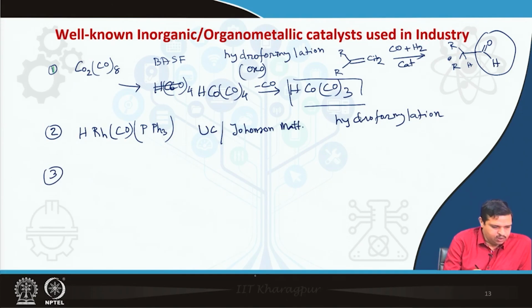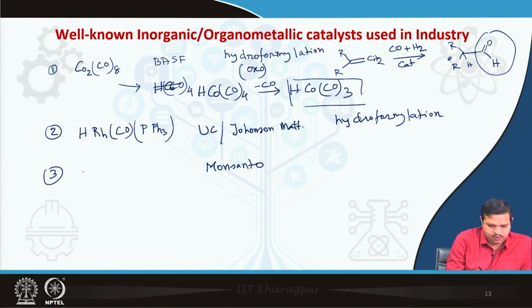Okay. So, another organometallic catalyst popularly used is in the synthesis of acetic acid, that is the Monsanto process. So, what is the catalyst?